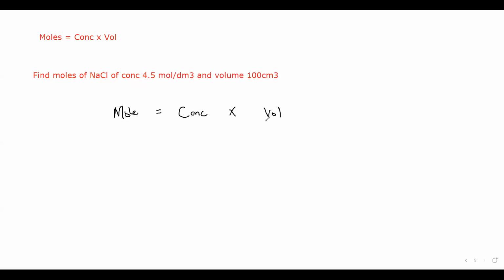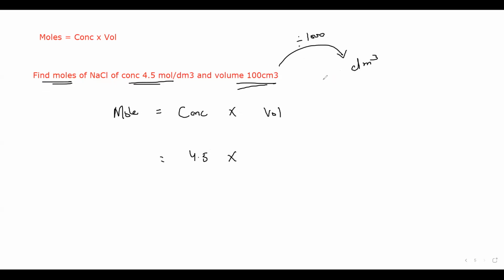The second formula for moles equal concentration multiplied by volume. We have to find moles. The concentration is 4.5. The volume is 100 cm cube, but we have to convert volume from cm cube to dm cube. So it should be divided by 1000.